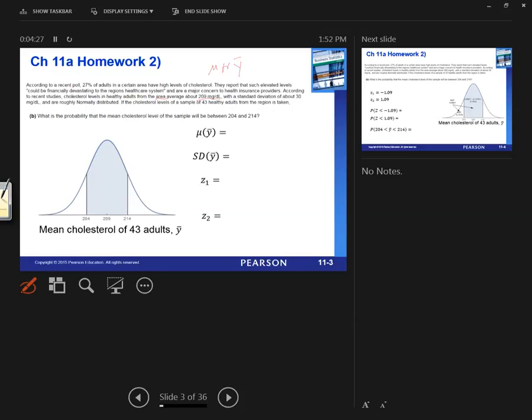This says, according to recent studies, so there's no n in here, no sample size. So this 209 is mu. So mu equals 209. And the standard deviation, this is the standard deviation of everybody, so this is going to be sigma.